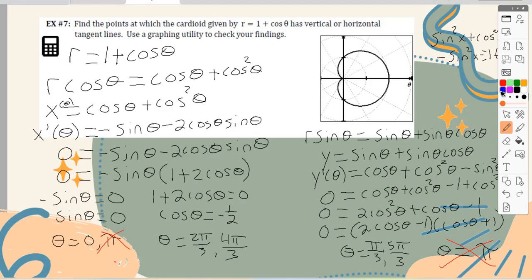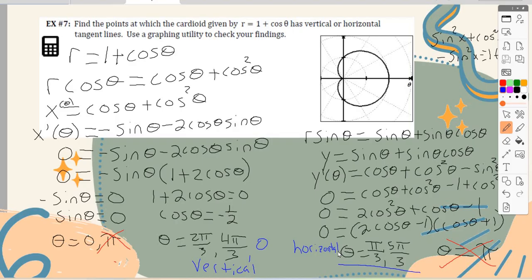So I'm just going to add 0 to this list. That way these are my vertical, and these are my horizontal. All I did was take this 0 and move it over there, that way I didn't have to write that twice.